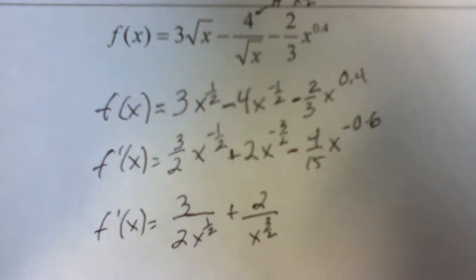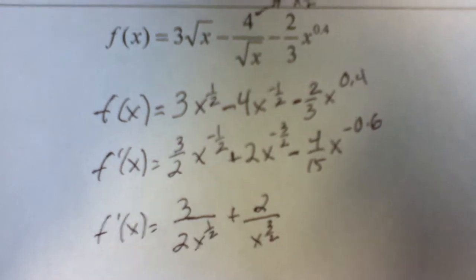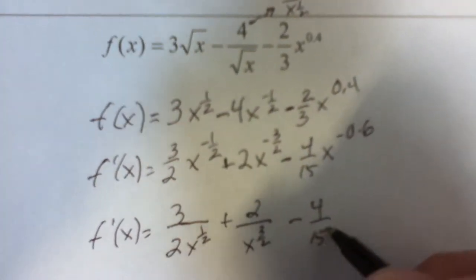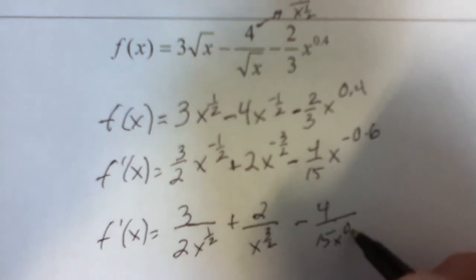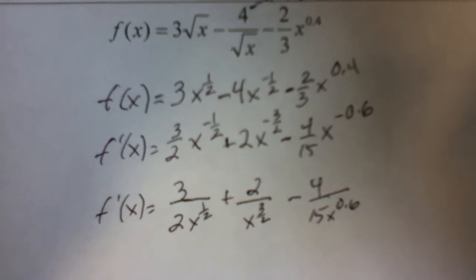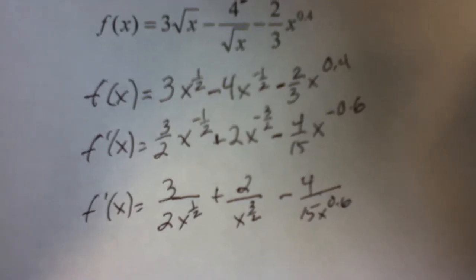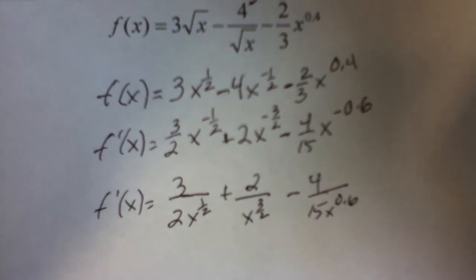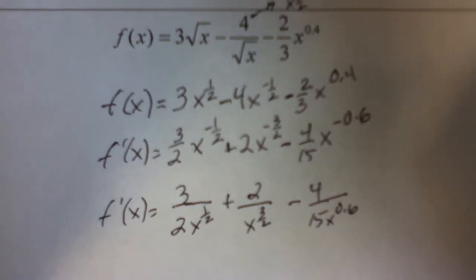And we prefer to deal with positive exponents than negative exponents. And we put minus 4 over 15 x to the 0.6. That would be your final answer. And that was a tough one. But we rewrote it, took the derivative, and then simplified. Now you're going to work on the practice examples.